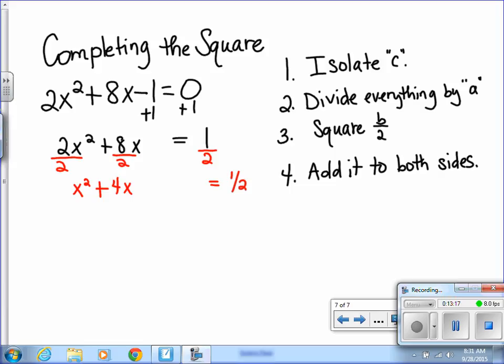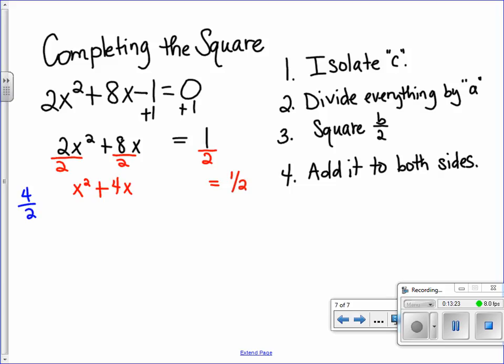All right, so what's b? 4. 4 over 2 squared. What's 4 over 2? 2. And 2 squared? 4. So I'm going to add that to both sides. Okay? Add it here. Add it here.